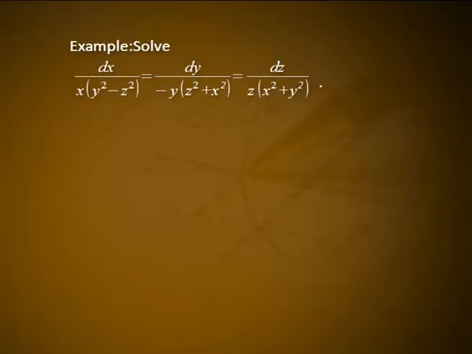Example: solve dx by x into y square minus z square is equal to dy by minus y into z square plus x square is equal to dz by z into x square plus y square.